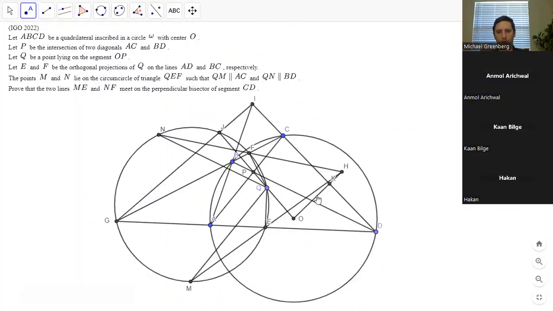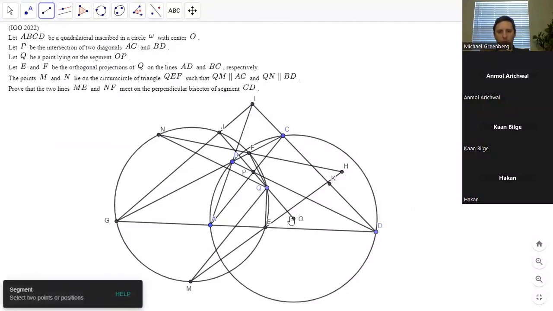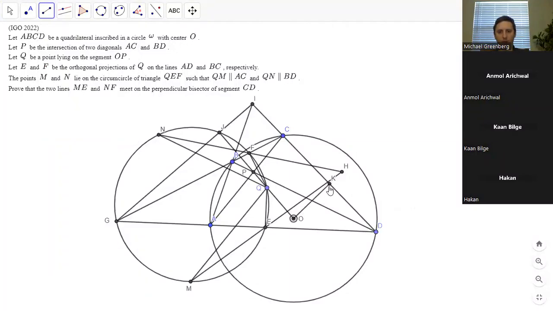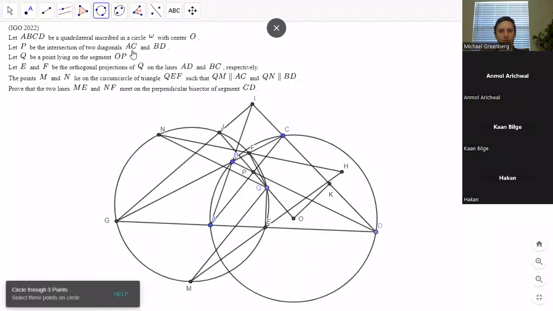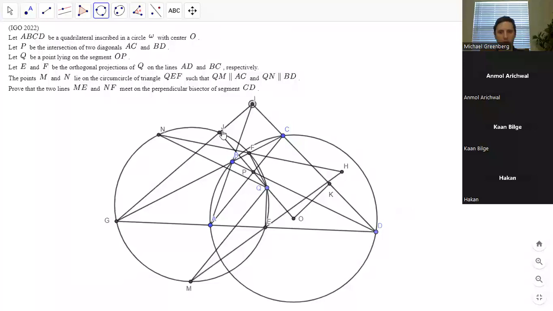If I hide OH, we want to show that OK, ME, and NF concur at a point. So yeah, maybe I could think about it that way. We want to show three lines concur, and we have a cyclic quadrilateral here.